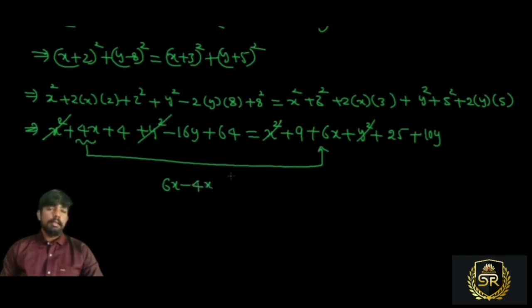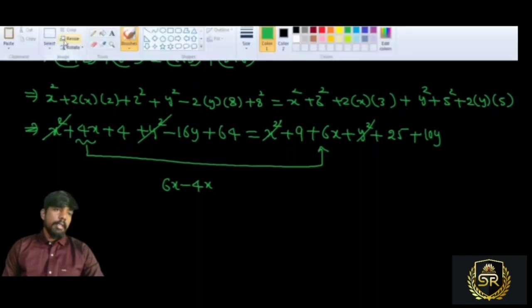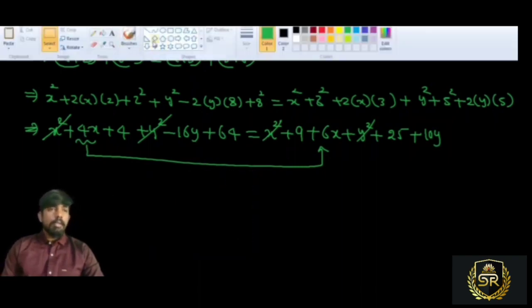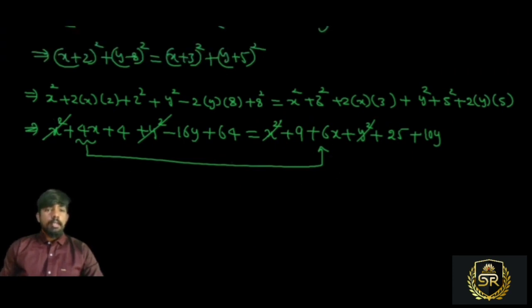Next, constants, how many we have here? 4 is there, 64. 4 plus 64, how much? 68. I send the remaining terms to the left hand side only.